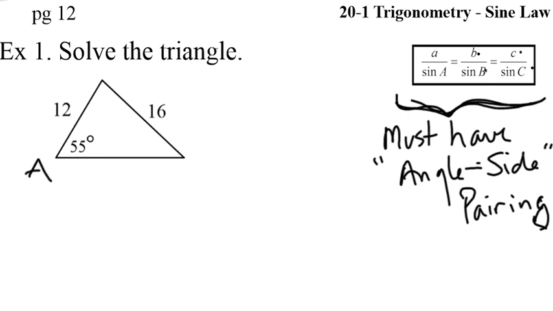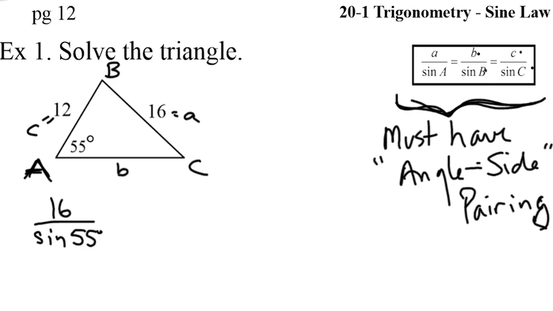So I'm going to label things just so I have an identity for them. Across from angle A would be side a, across from angle C would be side c, across from angle B would be side b. All right, so with this, let's plug in what we know. I'll start in alphabetic order: side a, 16, over the sine of angle A, 55 degrees.